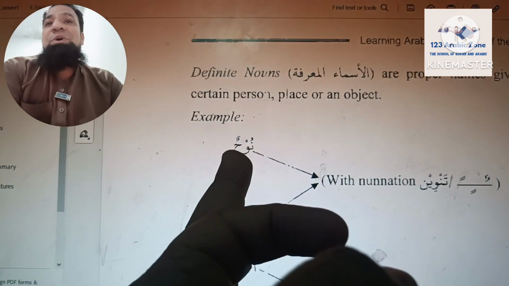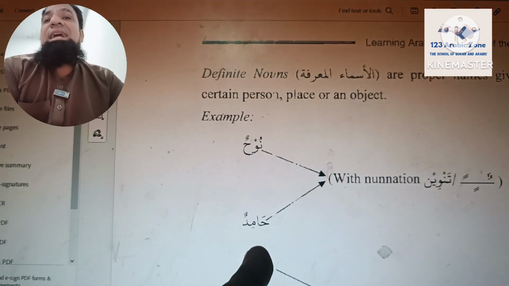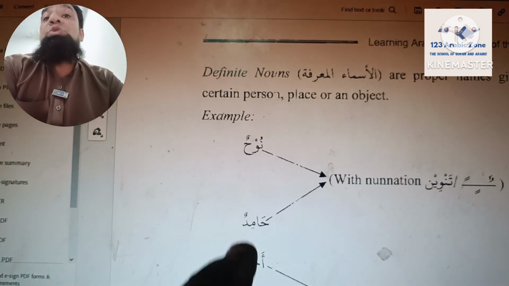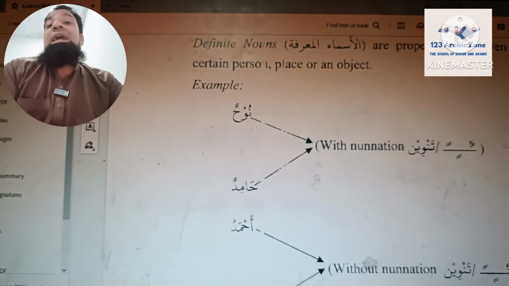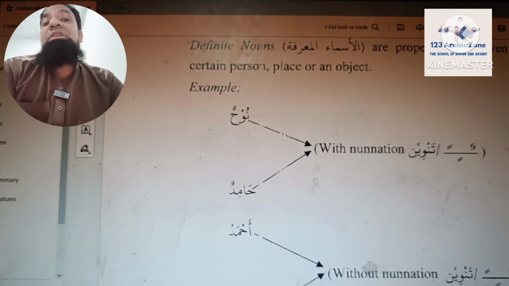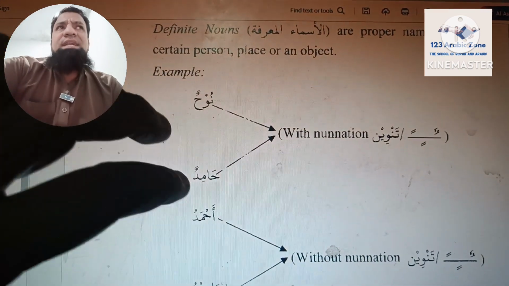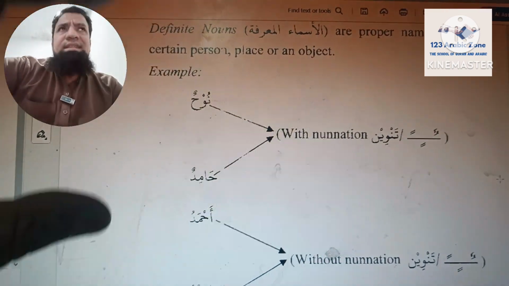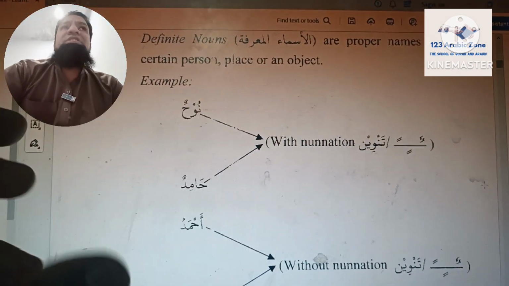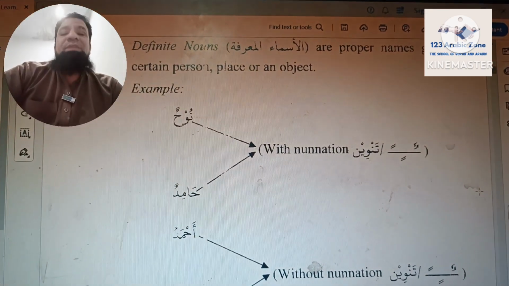Then Ahmadu, Ibrahimu without nunation. These are some exceptional rare cases. In rare cases, there is no nunation on single words. Inshallah.